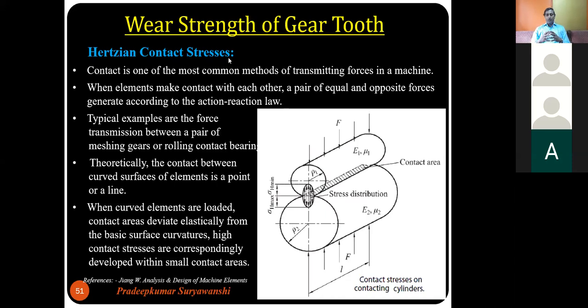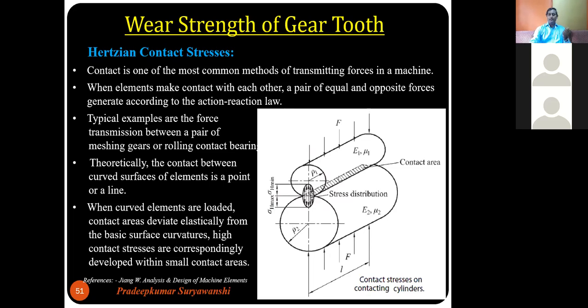Now, theoretically, when curved contacting surfaces come into contact with each other, the contact is defined by a point or line. If you see here, in this particular diagram, right circular cylinders are in contact along this line, due to the force acting on both sides, that is capital F. Okay, so theoretically we can consider this line as a line of contact between these two cylinders.